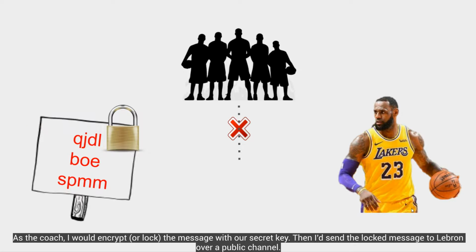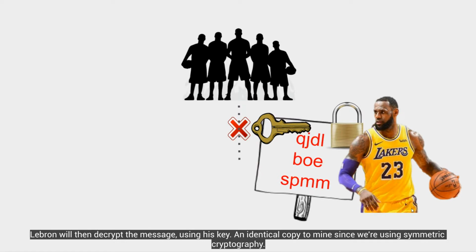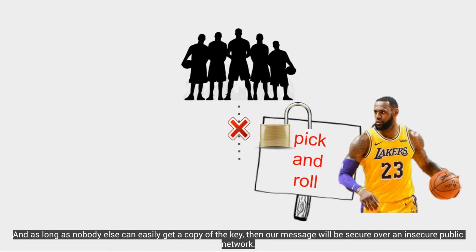Then I'd send the locked message to LeBron over a public channel where the locked message can get potentially intercepted. LeBron will then decrypt the message using his key, an identical copy to mine since we're using symmetric cryptography. And as long as nobody else can easily get a copy or figure it out, then our messages will be secure over an insecure public network.